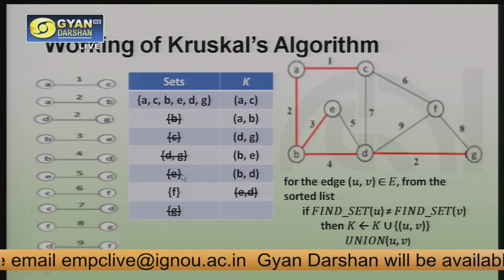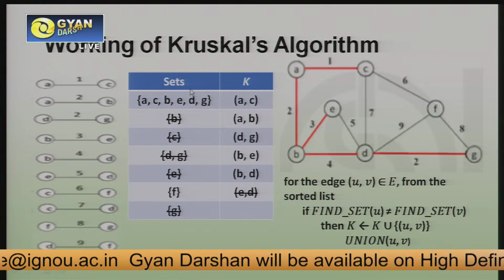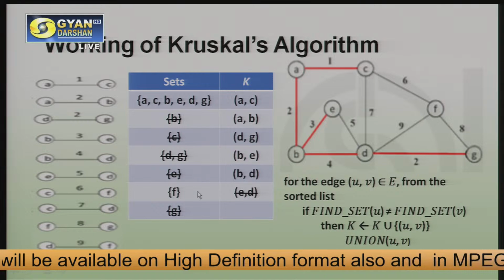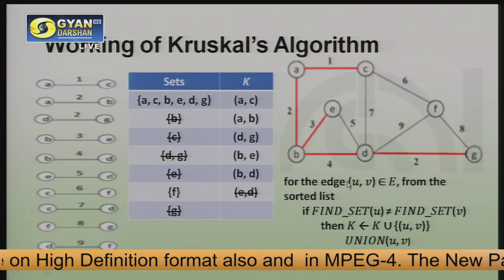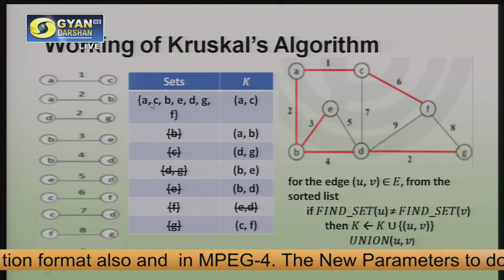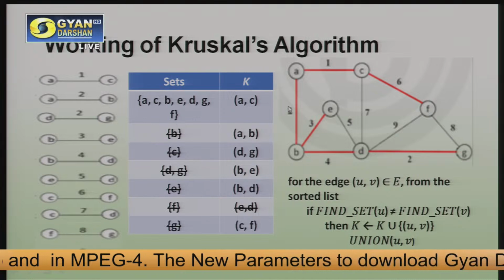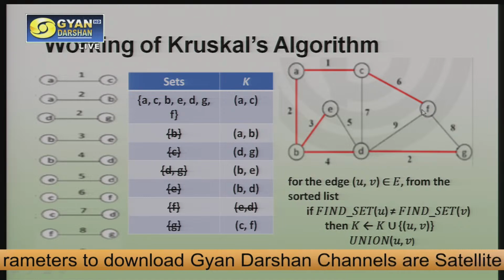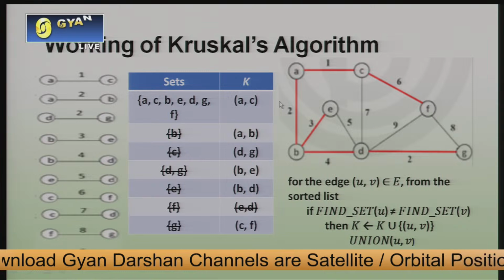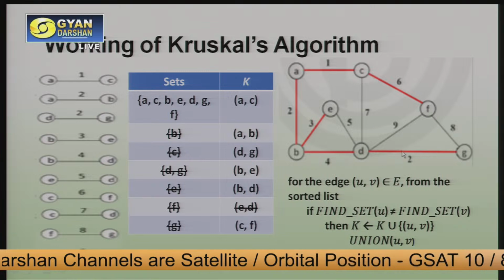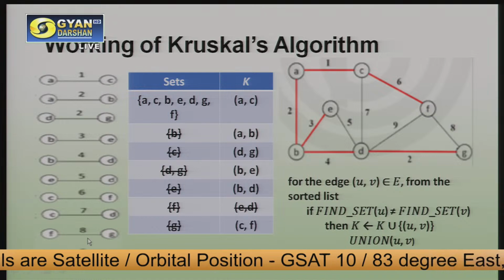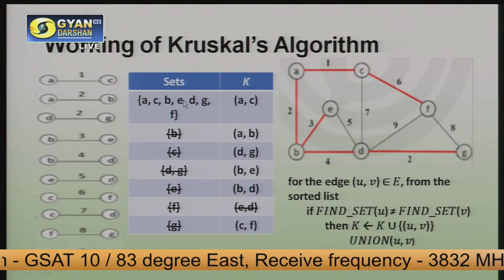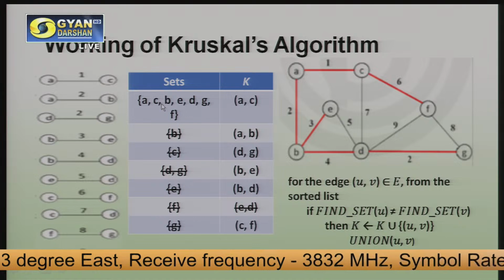So we add this edge in this set of nodes, and we end up with A, C, B, E, D, F, G. This set is now complete and contains all the vertices, and the number of edges is complete. Therefore, after that, we will be discarding C to D because C as well as D are part of this set.